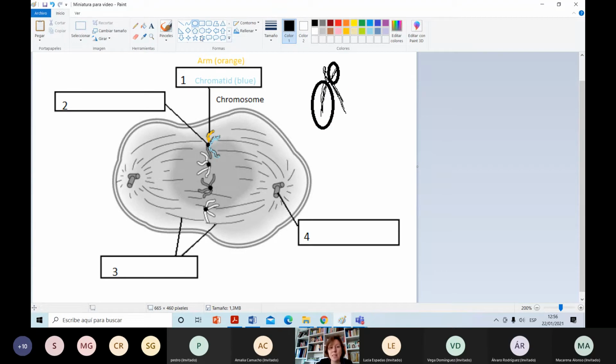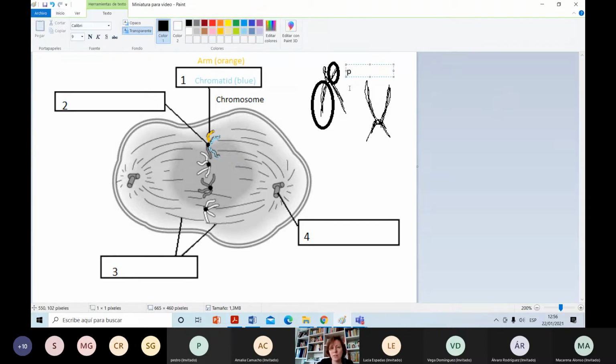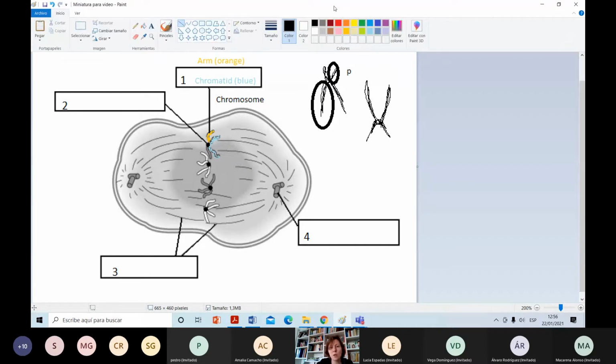But if I give you the same chromosome but upside down, am I going to say that this one being P, which one does it go with? Does it go with this long arm or the short one? Always P is the short one. I don't care about the position. The shorter arm is the P arm, the other one is the Q arm, okay?